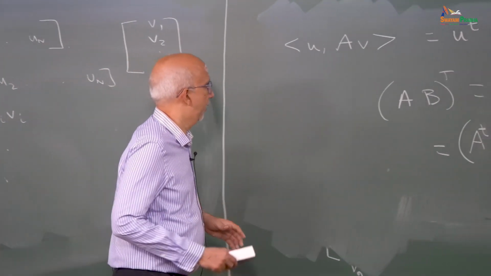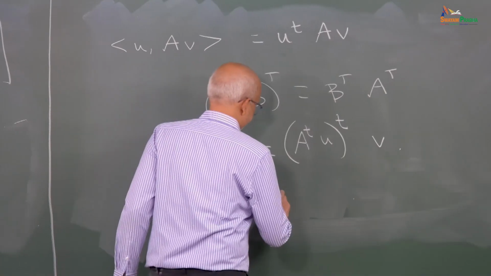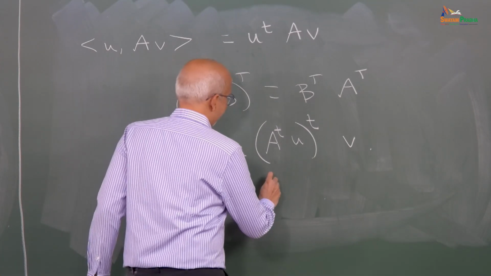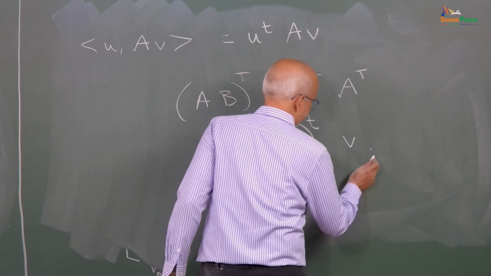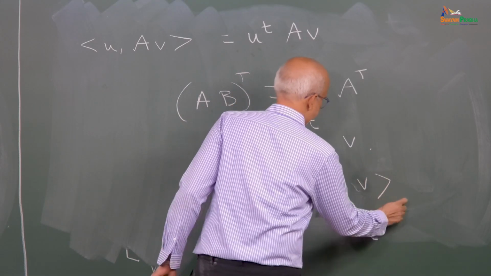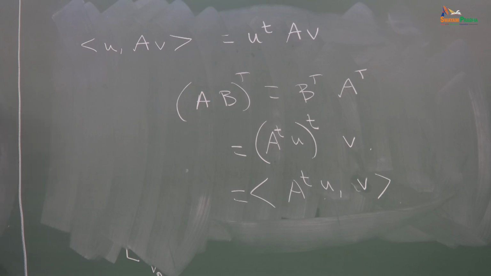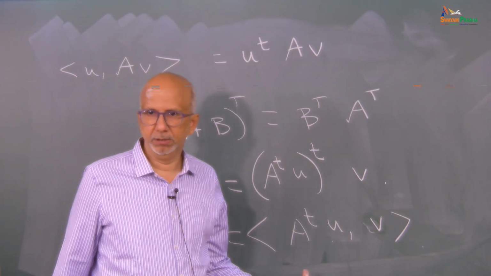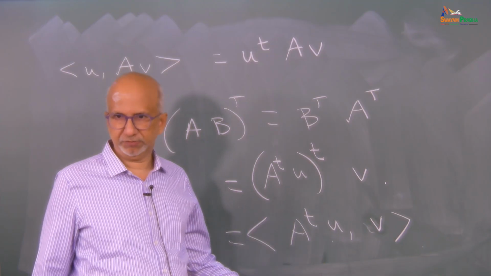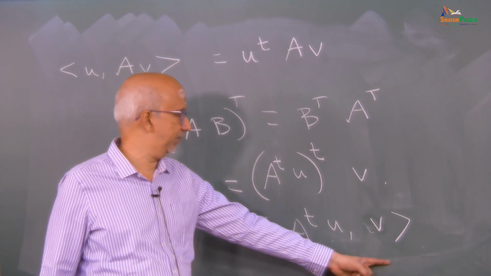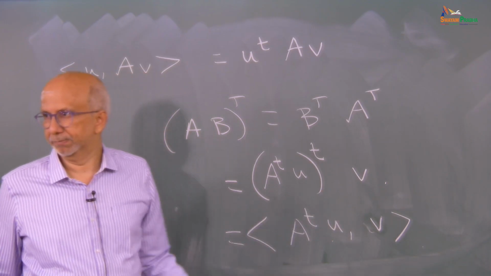Now, what is this going to be? This can be written as the inner product of A transpose u with v, because A transpose u is some vector. If I take the inner product, I will take the transpose of the first and then multiply with the second. That is what I have done.